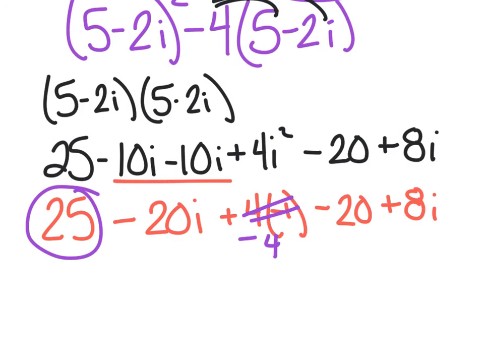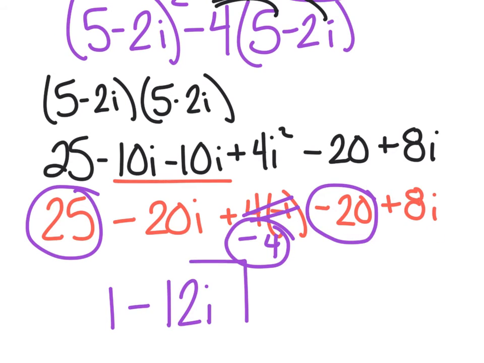So I have 25, negative 4, and negative 20. So that's going to get me a 1. 25, and that's 24 if I subtract. And then I have negative 20 plus 8, so I would say that's a negative 12i. And that can stay in your answer. The only thing that can't stay in your answer is the i squared, because we actually know that's negative 1.